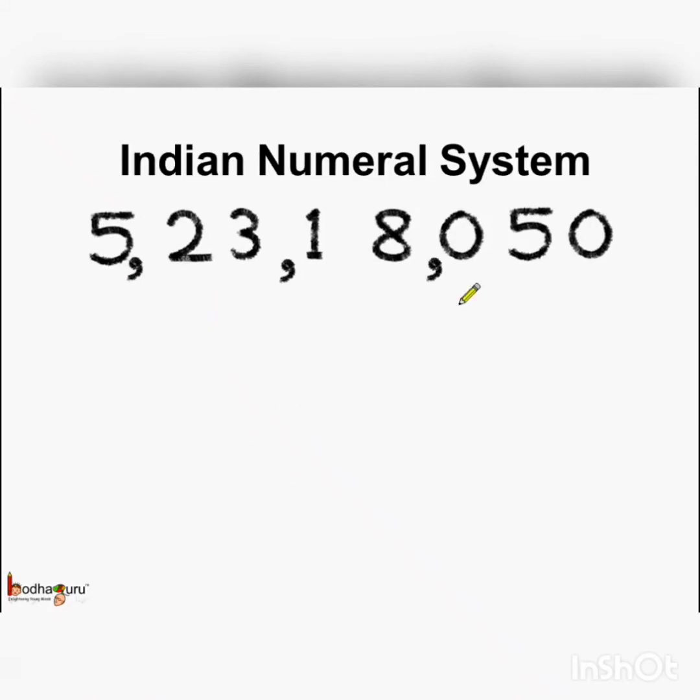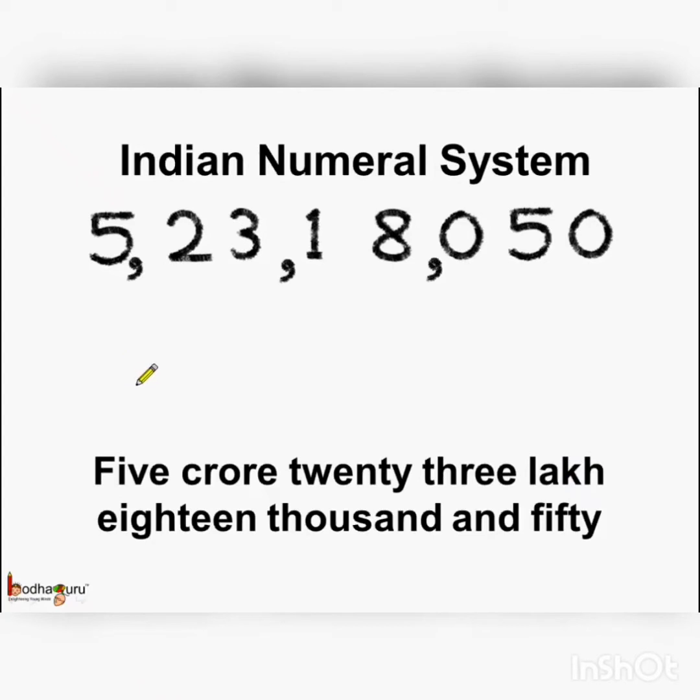So the number can be read as 5 crores 23 lakh 18,050. See, 5 crore 23 lakh 18,050. That was all about the Indian numeral system.